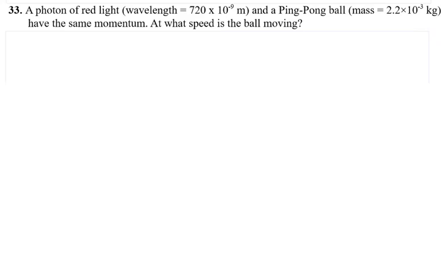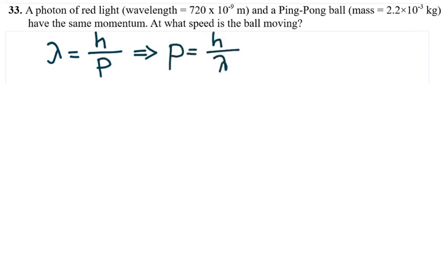So what is the speed of the ball when it has the same momentum as the photon? From de Broglie's wavelength formula, the wavelength is Planck's constant divided by the momentum, so the momentum is equal to Planck's constant over the wavelength.